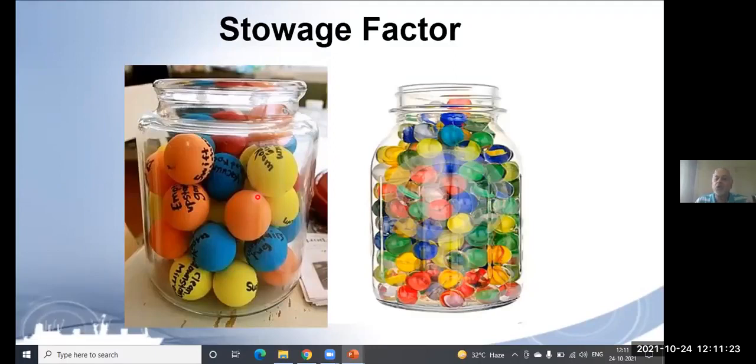So volume wise, how much volume is occupied by sugar? Suppose you fill up this jar, how much volume is occupied in terms of percentage? Sugar or salt you put inside the jar, how much volume is occupied? 100%. Smaller the cargo, higher the occupancy.